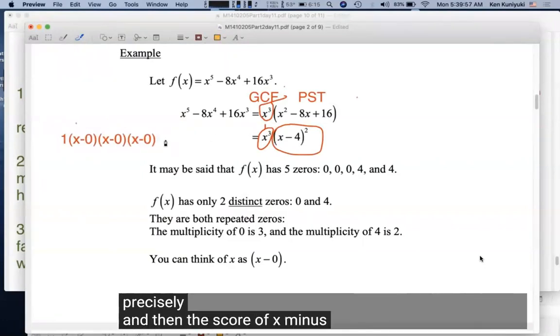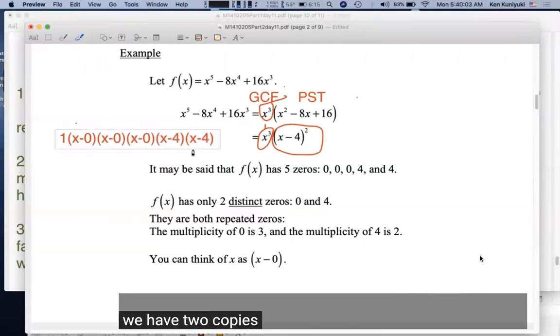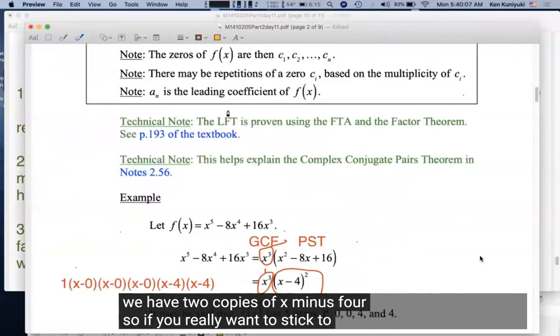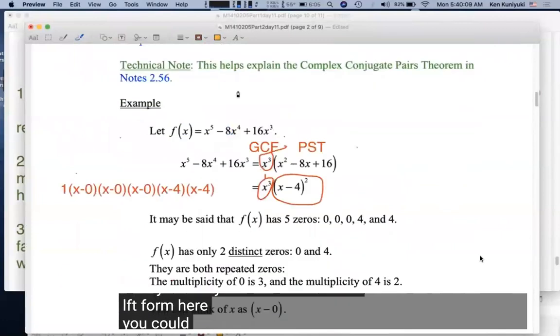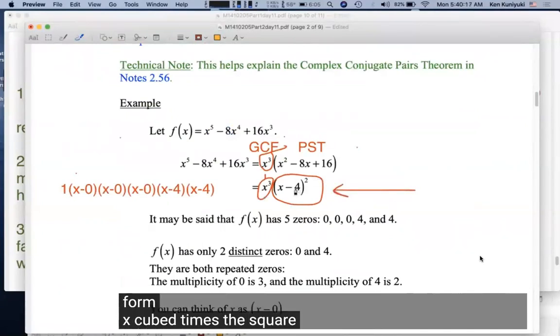And then the square of x minus 4, we have 2 copies of x minus 4. So if you really wanted to stick to this LFT form here, you could write it like this. But if I wanted LFT form, then I would accept this as LFT form: x cubed times the square of x minus 4.